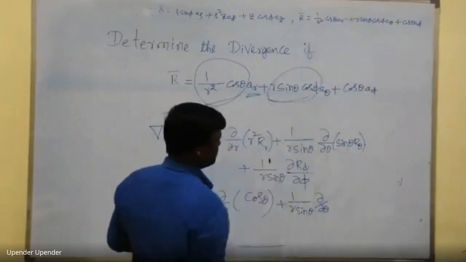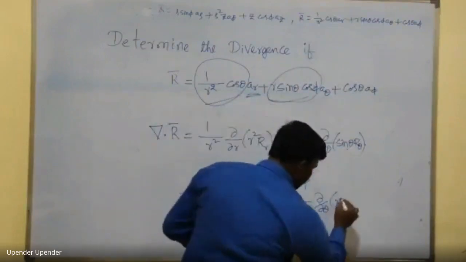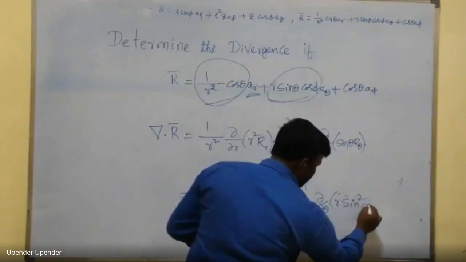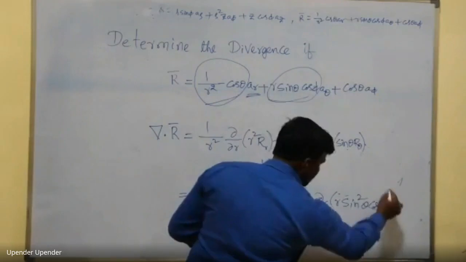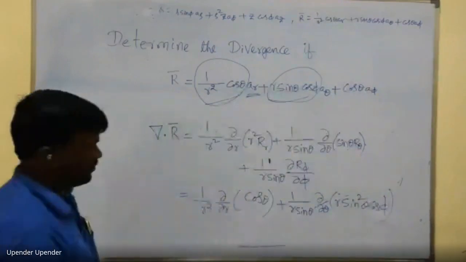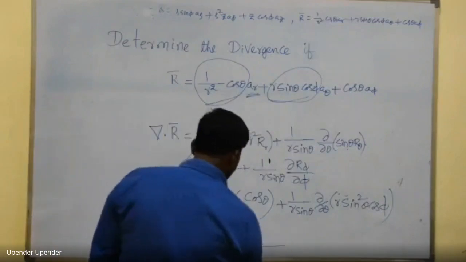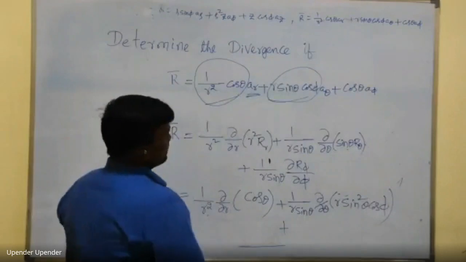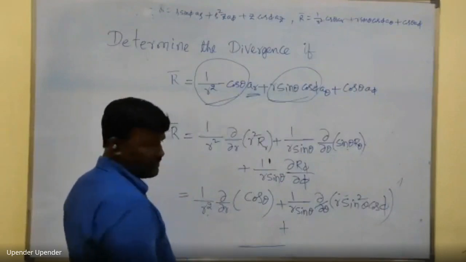Sin theta into this gives r into sin square theta cos phi. Plus the last term, I am writing that last term here. That is given as what?